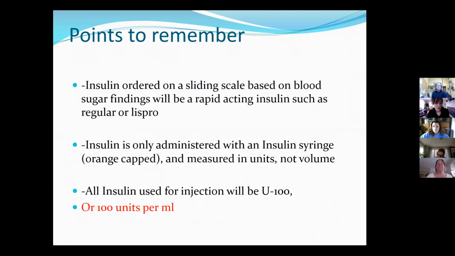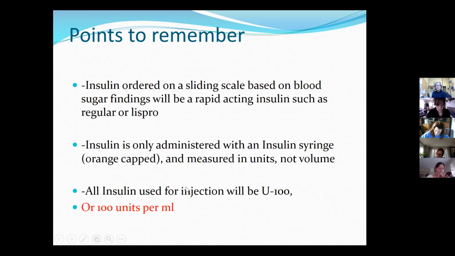Another point to remember regarding insulin is that you only use an insulin syringe for insulin administration. Insulin syringes are not measured in volume, they are measured in units. As it turns out, insulin is going to have 100 units per milliliter.